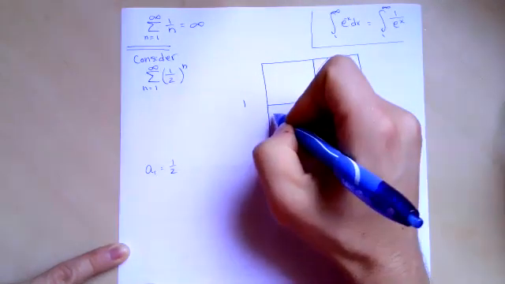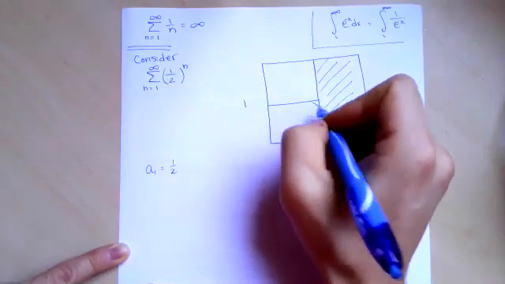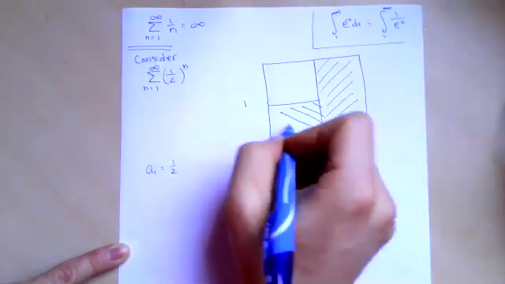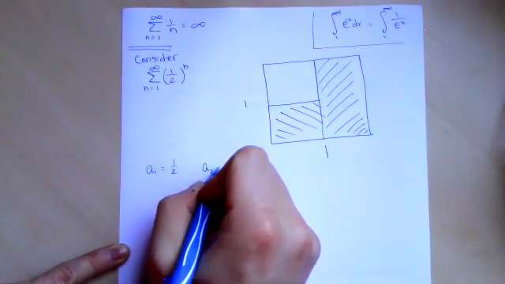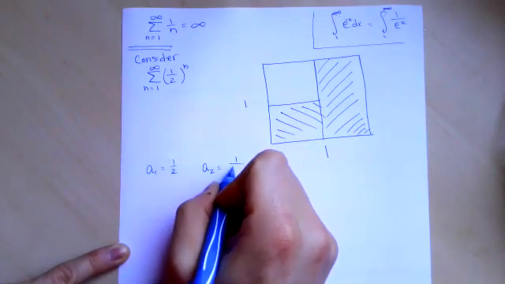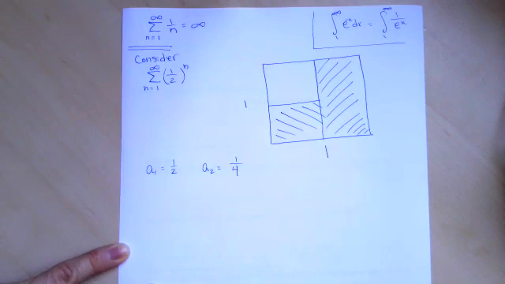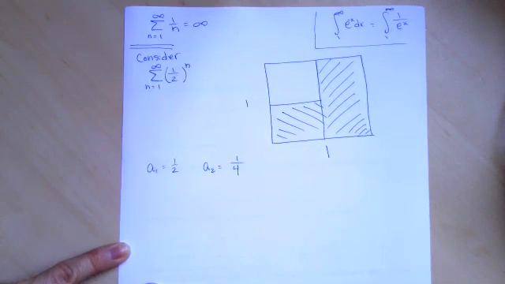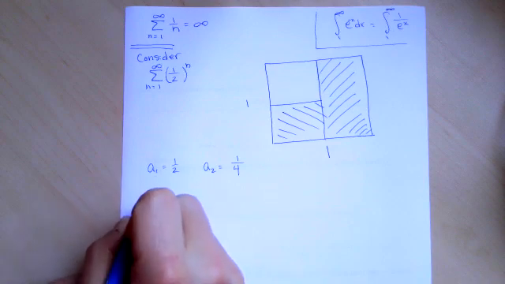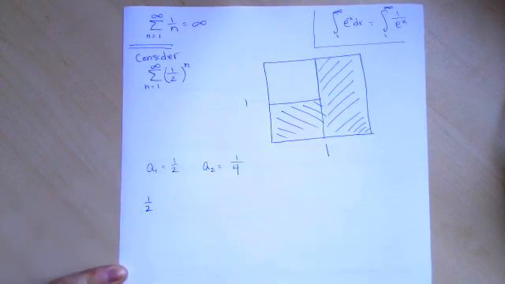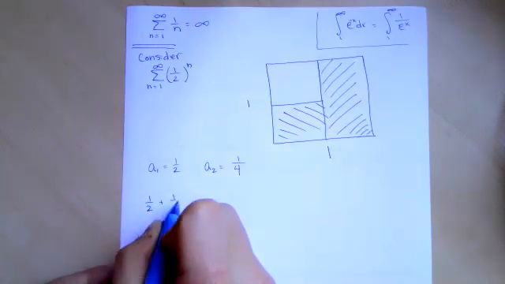So now we have a different area. We'll call that A2. It's now 1/4 of the box. The sum of the total area is going to be, well, I added half the box, now plus 1/4 of the box.